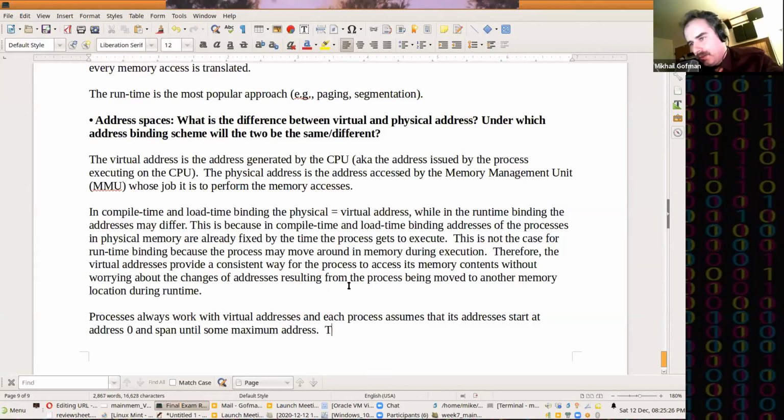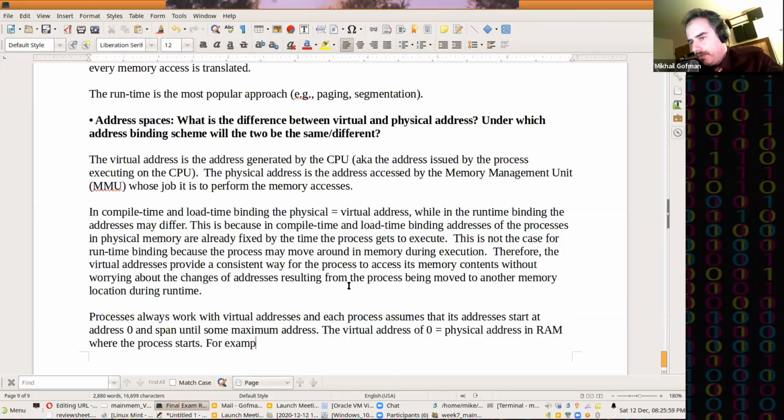Okay, so the virtual address of 0 is equal to the physical address in RAM where the process starts.